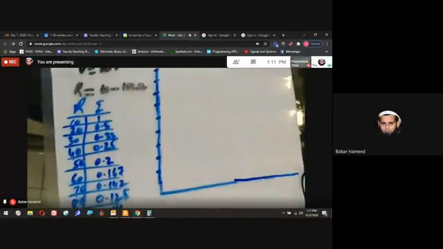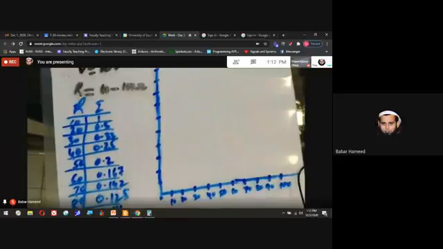For the minimum value of the resistance, we can mark here as well 1, 2, 3, 4, 5, 6, 7, 8, 9, 10. So it is 0, 10, 20, 30, 40, 50, 60, 70, 80, 90, and 100.